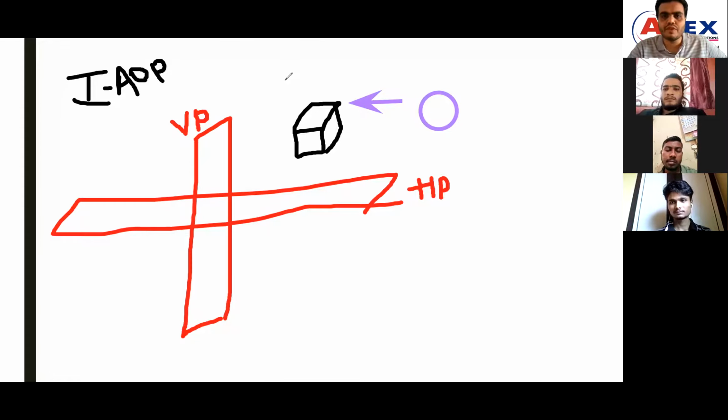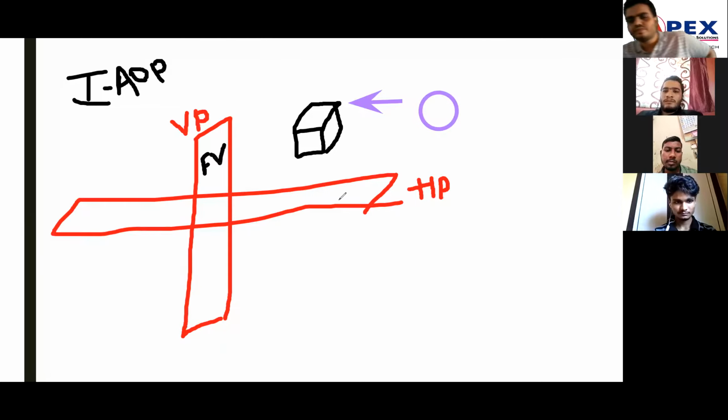So this is the front view, right? I am going to project it here. Try to understand this. The observer is observing the object. So the first point is that the object is placed in the first quadrant, and the object is placed in between the plane and the observer. He is the observer.